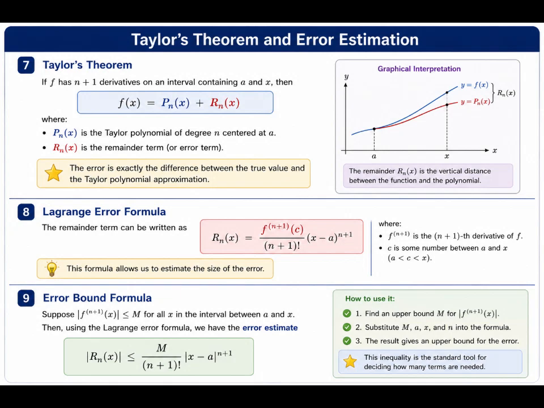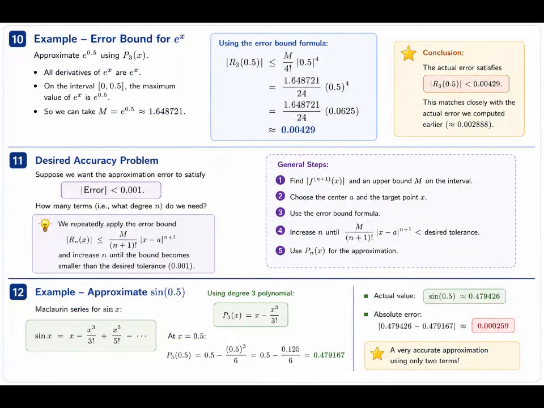Let us see how this works in practice. Let us return to our approximation of e raised to the power 1/2 using the third degree Taylor polynomial. Since every derivative of e to the x is again e to the x, we need an upper bound for the fourth derivative on the interval from 0 to 1/2. Because e to the x is increasing, its maximum value on this interval occurs at x equals 1/2.